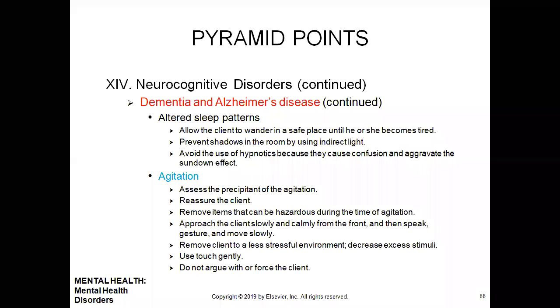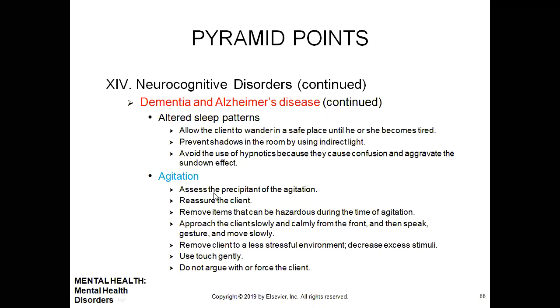Or confabulation, meaning the patient makes up stories to avoid admitting that he or she does not remember things. And also it is important, it's called perseveration. The patient repeats a phrase to avoid answering the question.